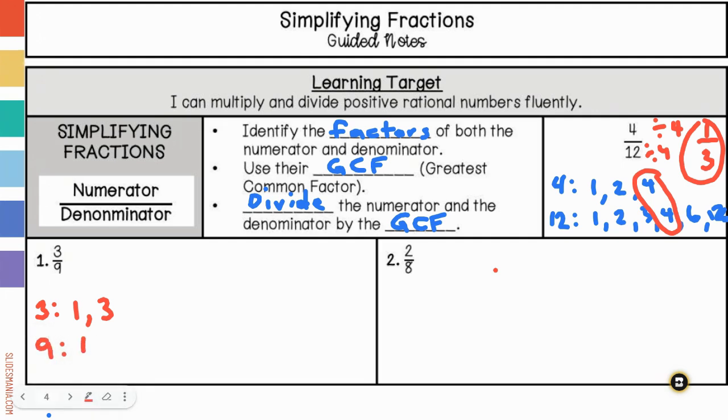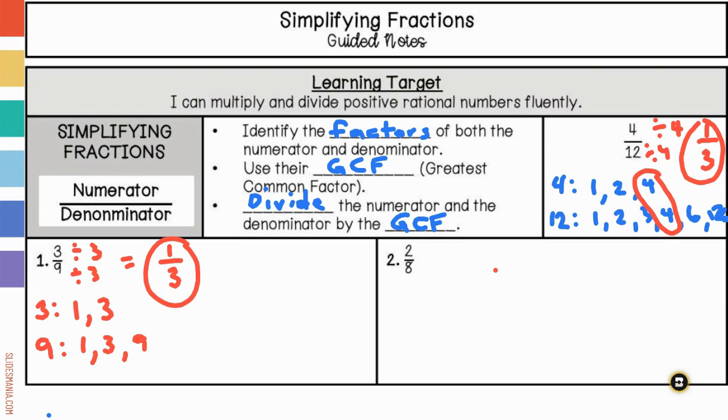Factors of 9 are 1, 3, 9. So the biggest number they have in common is 3. So we're going to divide by 3 on the top and the bottom. 3 divided by 3 is 1. 9 divided by 3 is 3. So 1/3 is our answer.